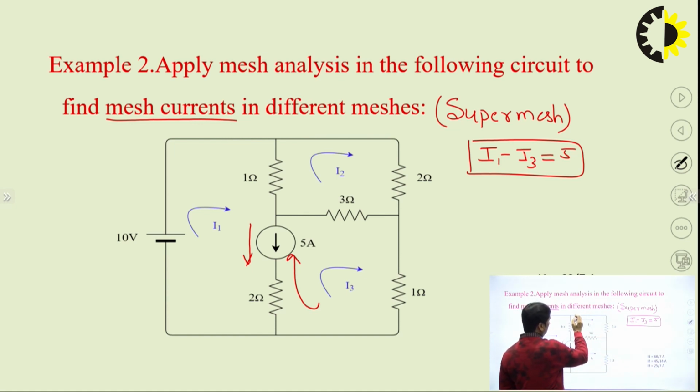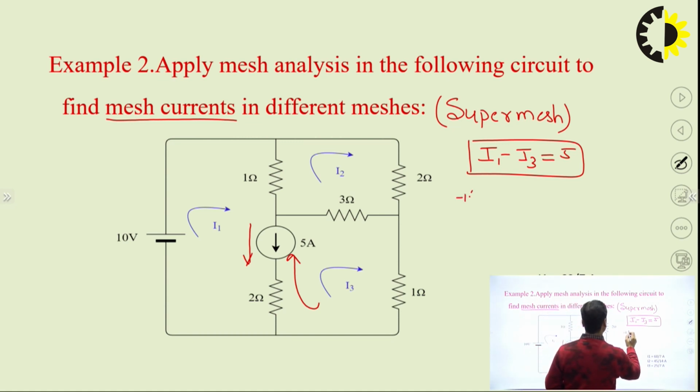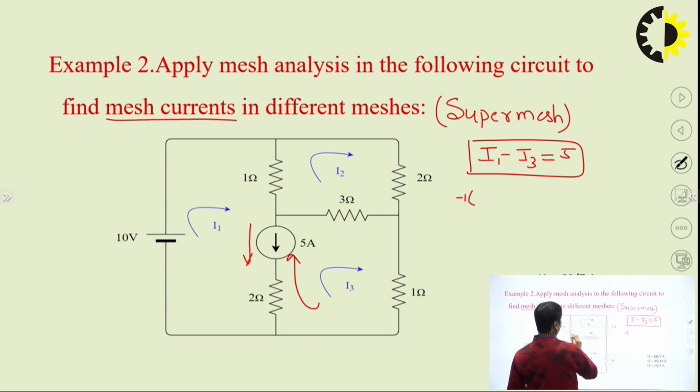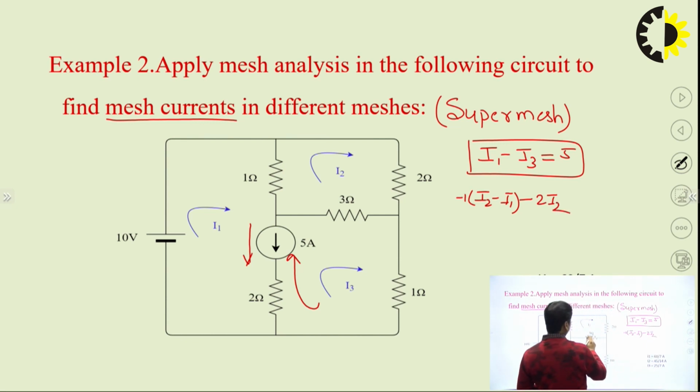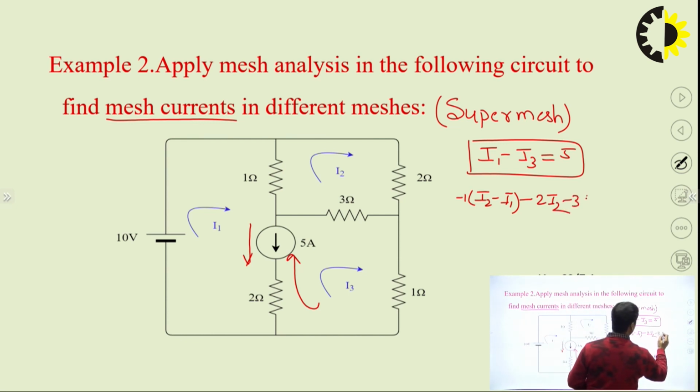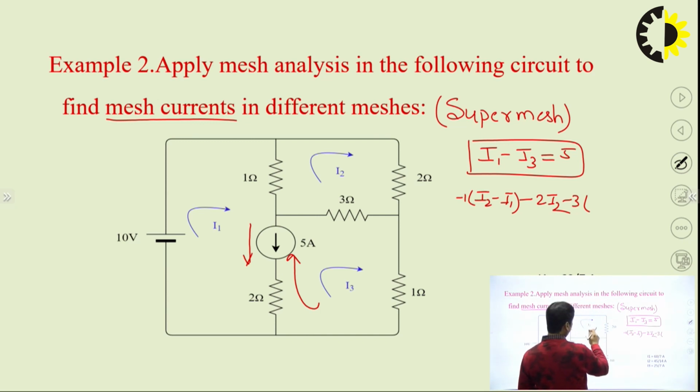Okay, if the current goes like this, so this 1 ampere means minus 1, since I2 is this, so I2 minus I1 minus 1, then this is minus 2I2, then this minus 3 I2, and it is shared by I2 and I3.